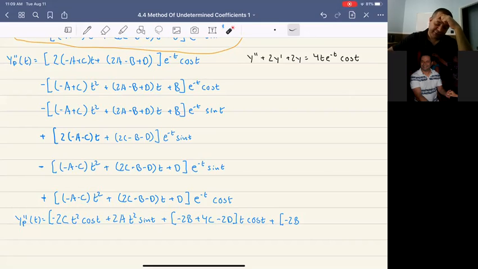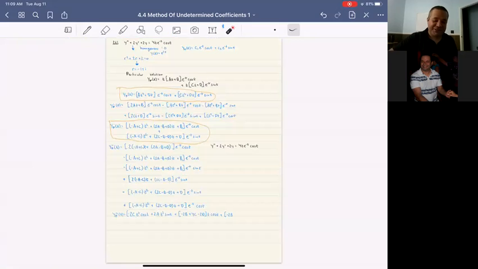So the c's cancel. So let me just double check that a's terms again. 2a minus 2at, those canceled. You know what? Okay, I'm not doing this. I'm done.